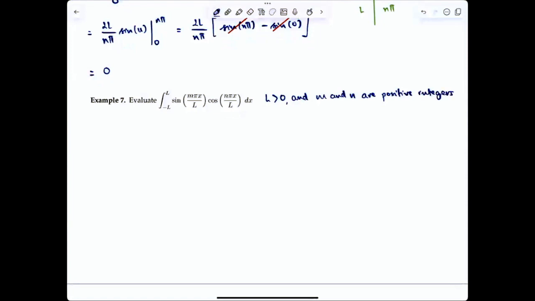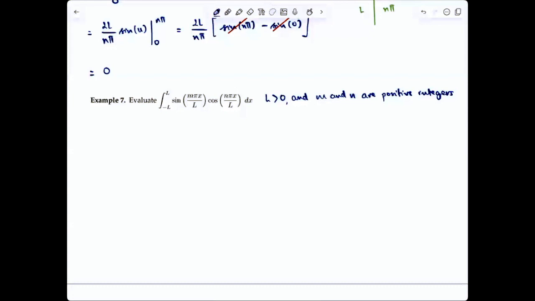When you look at the integrand, you have a sine function, which is an odd function, and a cosine function, which is an even function. So the integrand is a product between an odd function and an even function. Therefore, the integrand is an odd function. When you evaluate the integral of an odd function over a symmetrical domain, you will get 0.